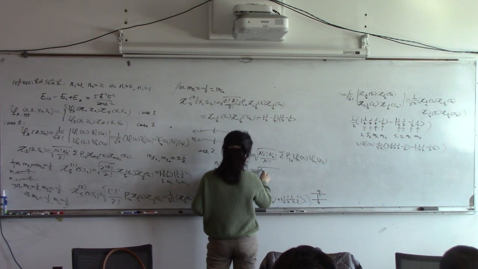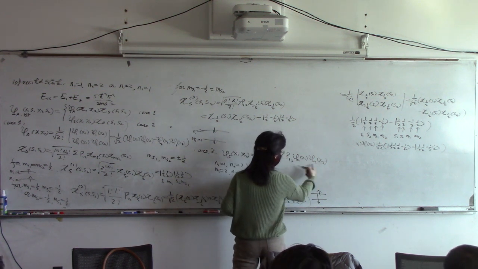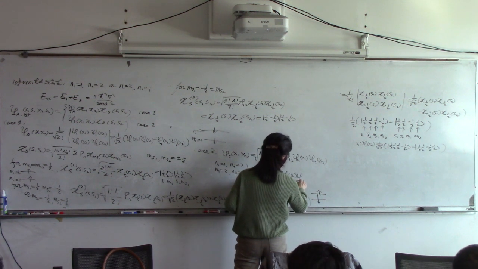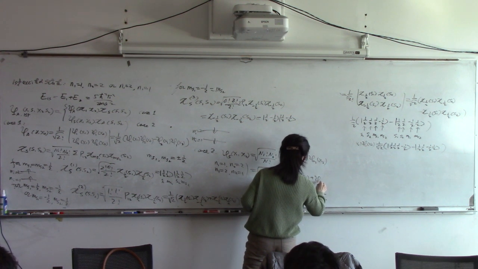So here, 1 factorial, right? Only one particle in the one state. 2 factorial. And here we have 2 states. One is psi 1 x1, psi 2 x2, plus psi 2 x1 and psi 1 x2.